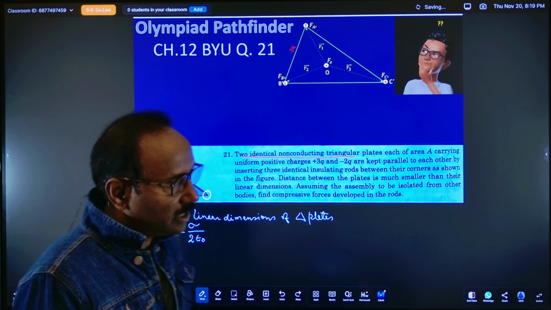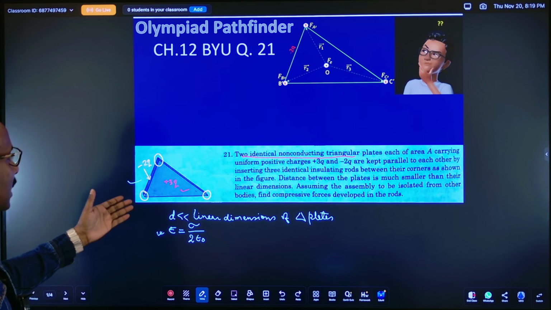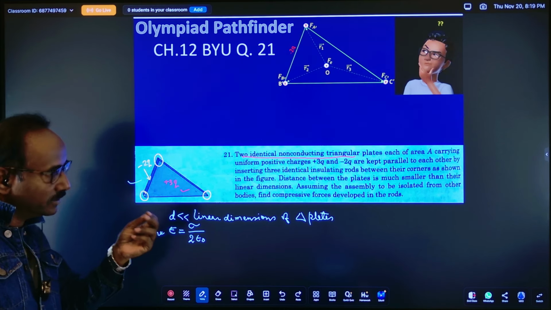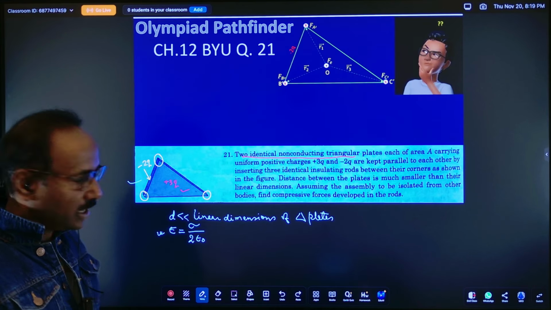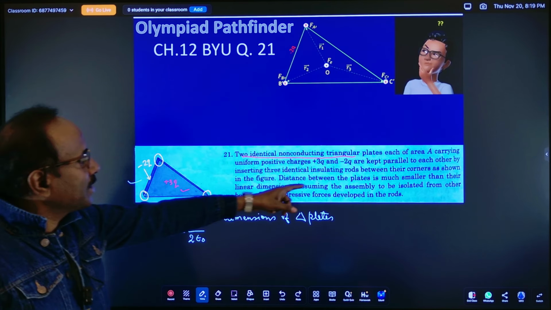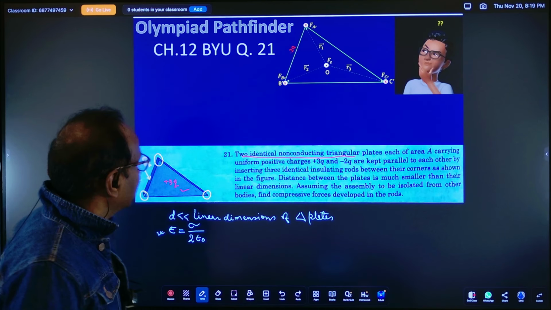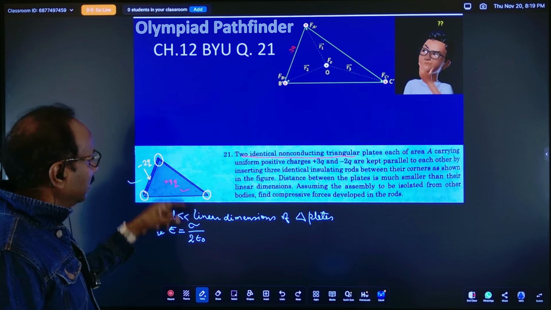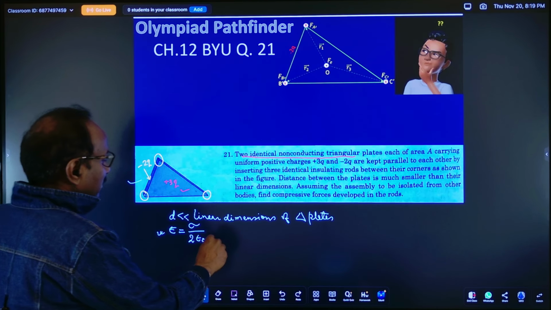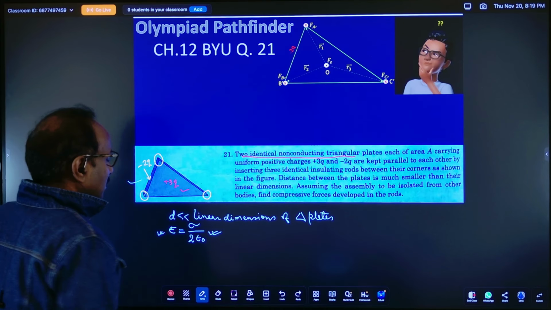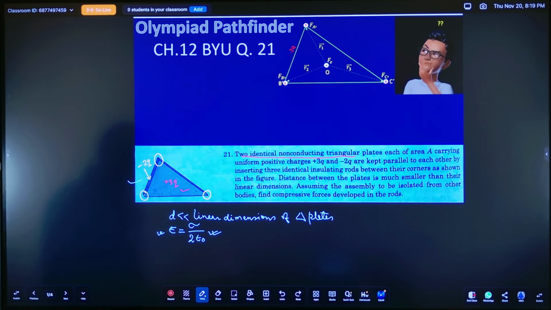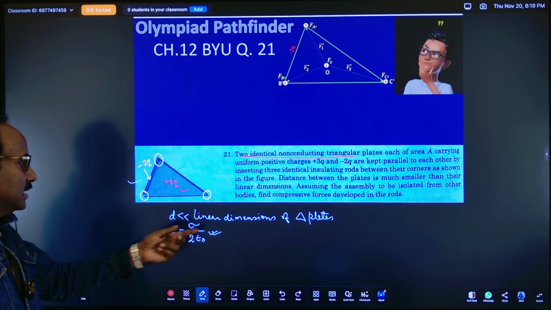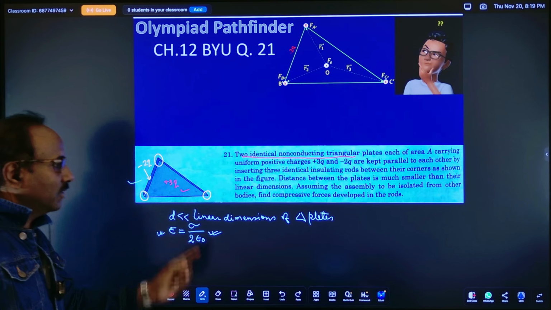So it behaves like an infinite plate for the nearer point. And as per the question, the distance between the plates is much smaller than the linear dimension. So we can comfortably write the electric field intensity between the plates with this formula.